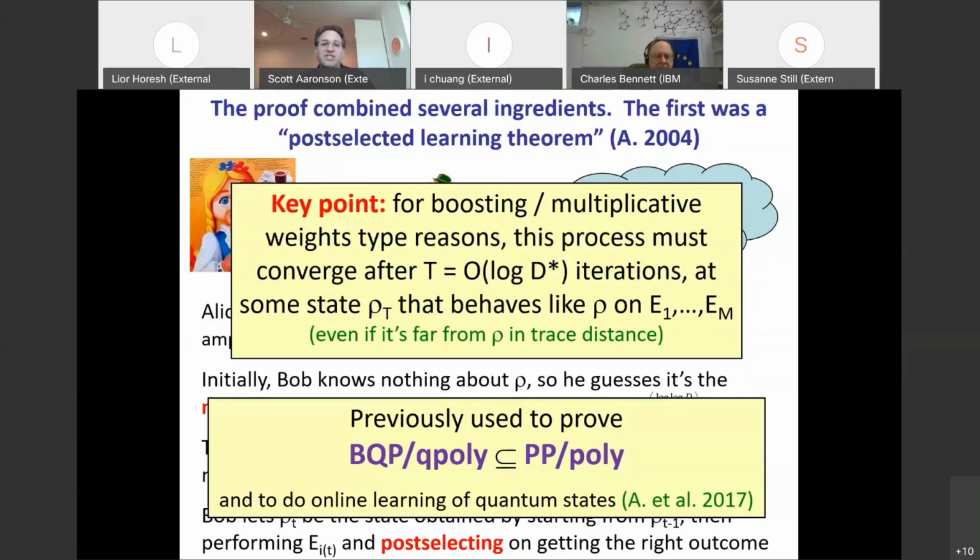Okay, so now how can we use this to get shadow tomography? Well, this procedure by itself does not get us all the way there, and the reason is that Bob relied on Alice telling him which measurement would be a good one to condition on next, right? So he relied on an all-knowing advisor who actually knew a description of the quantum state rho that we were dealing with.